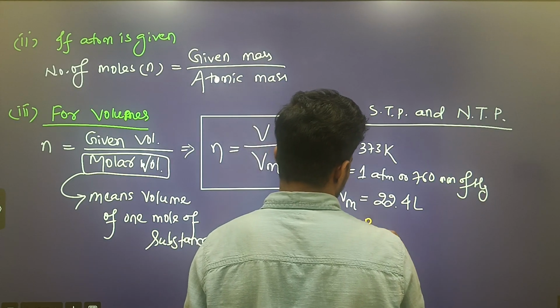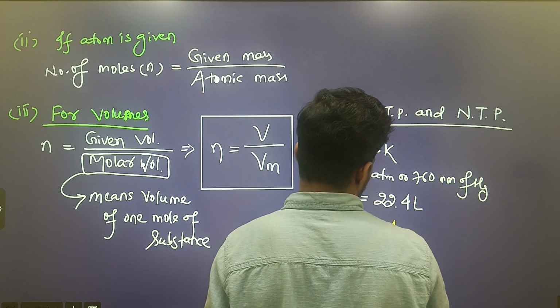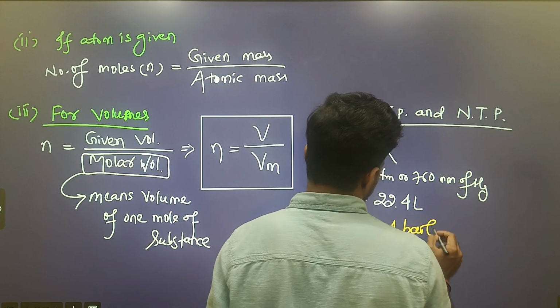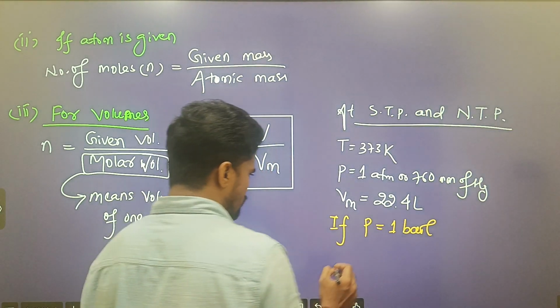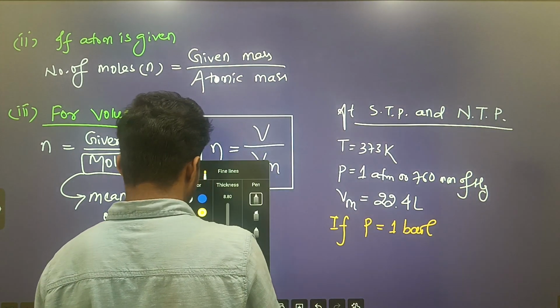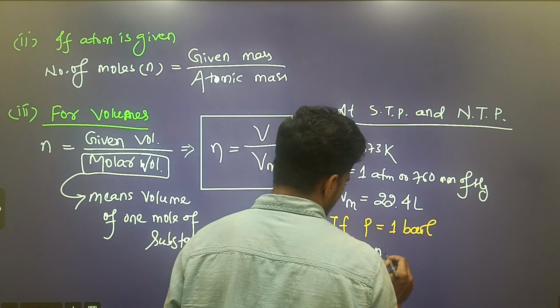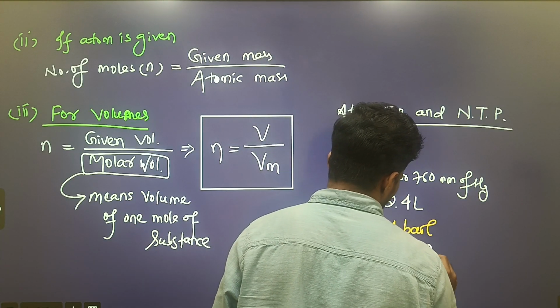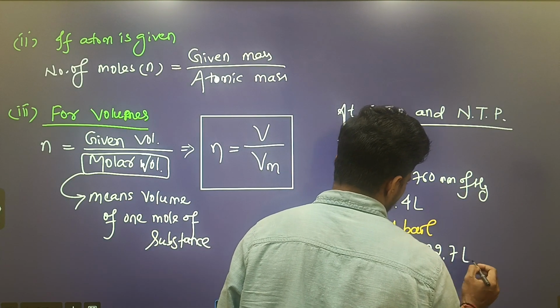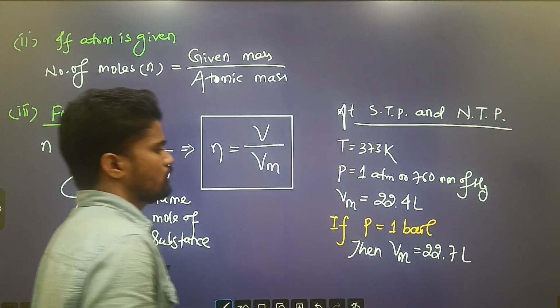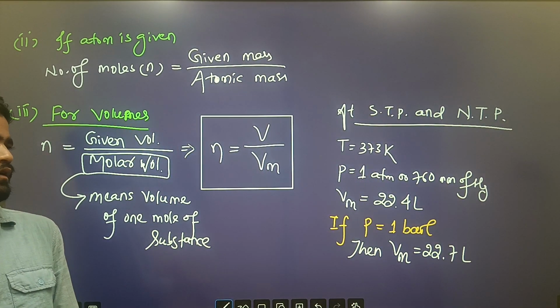If pressure is given in bar, then what is the molar volume? Then molar volume will be 22.7 liter. Okay, remaining same.